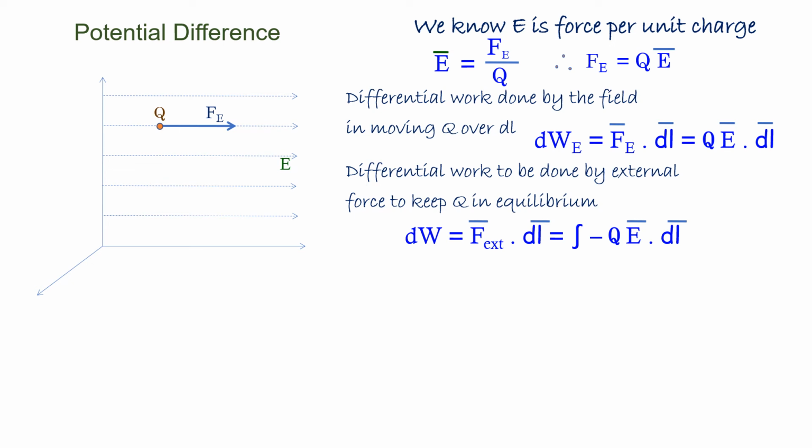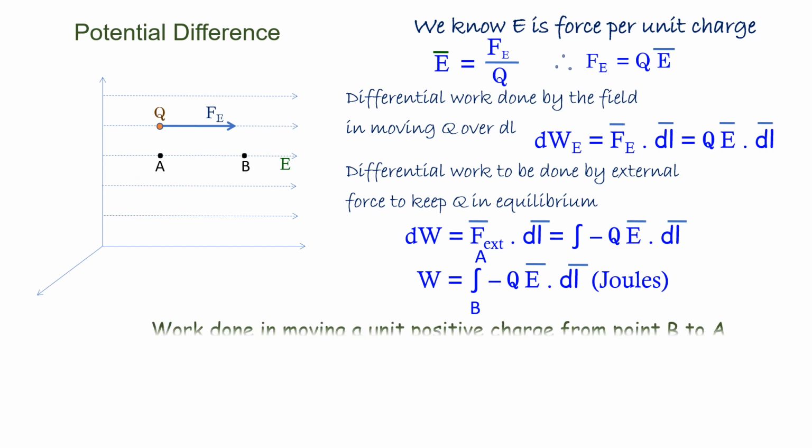In the figure, you see point A, point B. The path from B to A is in the opposite direction to the E bar direction. The work done in moving the charge Q from B to A is given by integral B to A minus Q E bar dot dl bar.